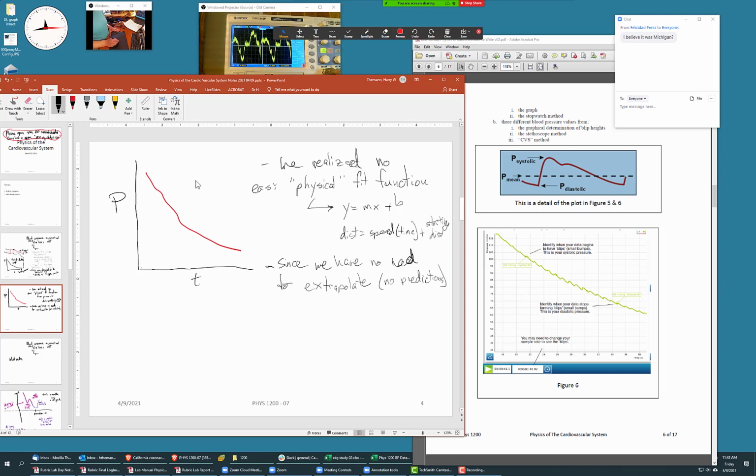With this equation, I could tell you the distance in the future. If the graph goes from 0 to 10 seconds, I can tell you what the position is at 20 seconds.